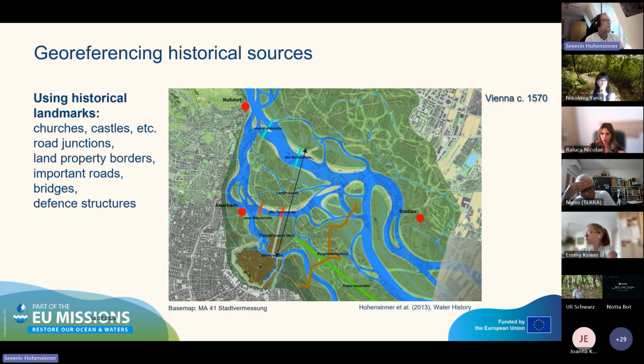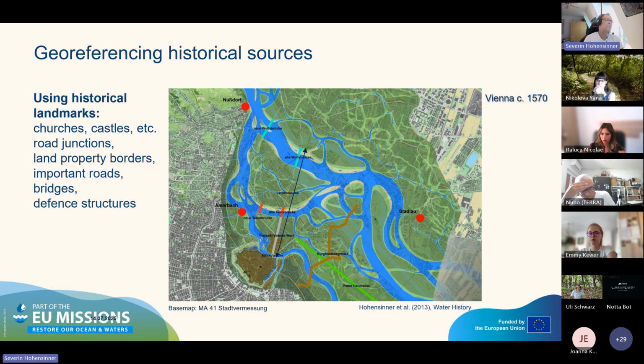We use land property borders, as you can see the brown line here. We use defense structures or important roads, like here the Prater Main Alley that existed from 1539 onwards till today.